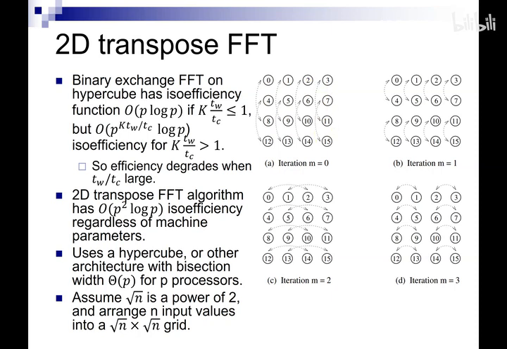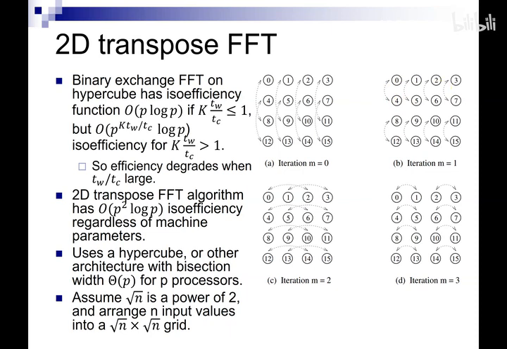In the second stage, the butterfly exchange is between values which are 4 apart. Again, the butterfly is between values on the same column, 0 and 4, or 1 and 5, and so on.